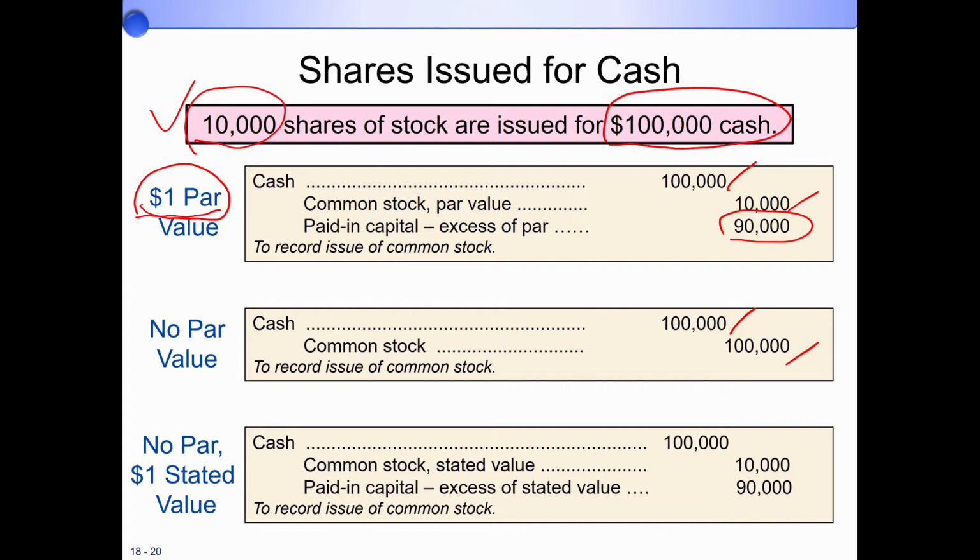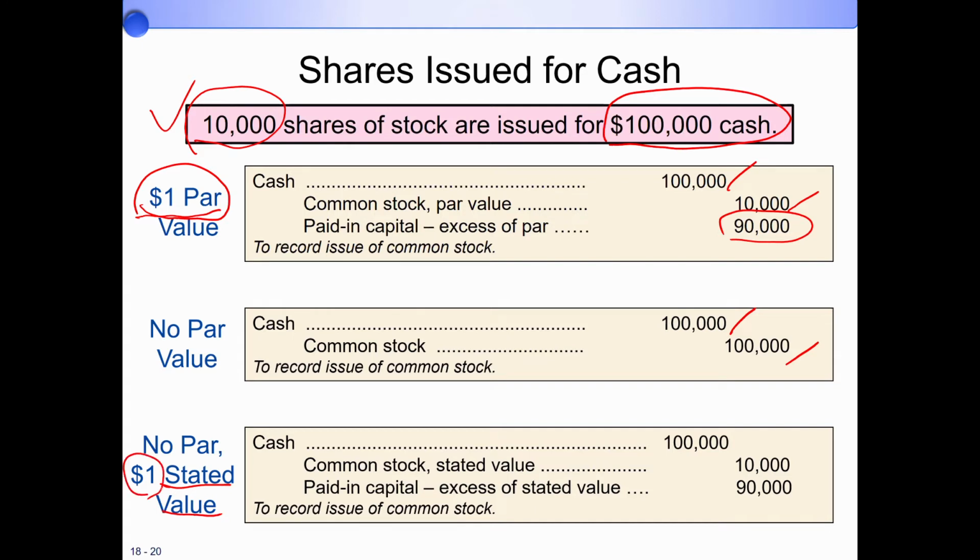And what if, in some states, those states that have no requirements about par value, but the corporations voluntarily assign some number to their shares? We call that stated value. Let's say this company chooses a stated value of $1 per share.